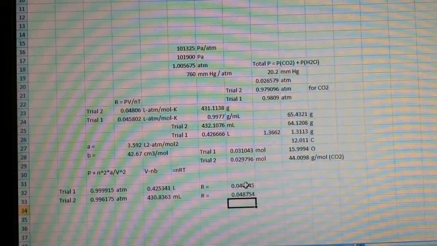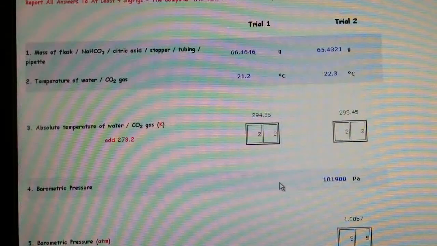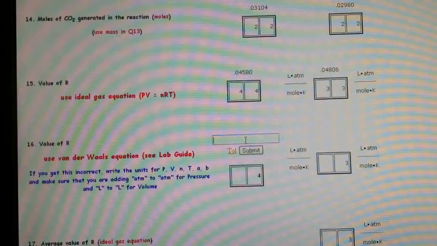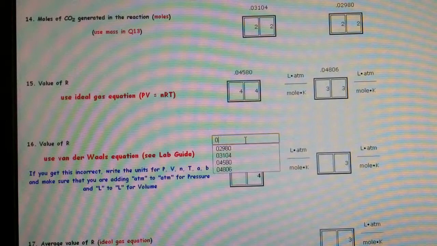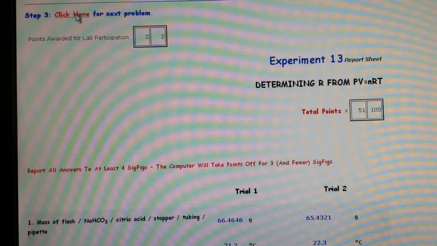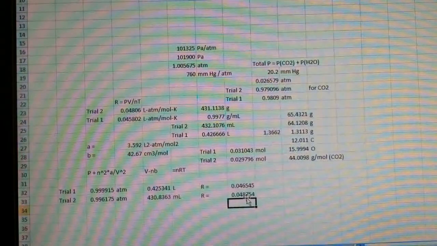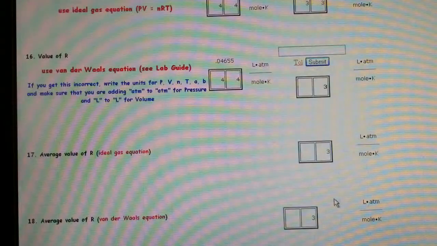Okay, so here is my constant from the van der Waals equation, 0.04655 for trial 1, and 0.04875.